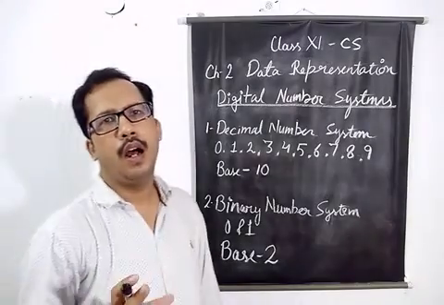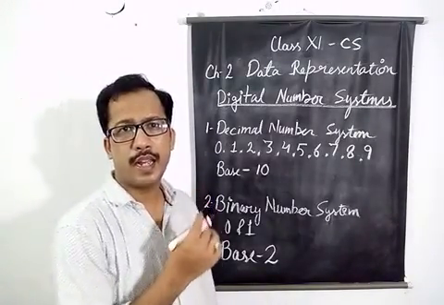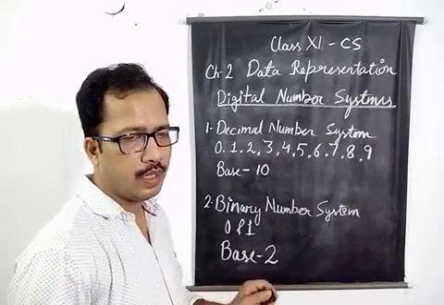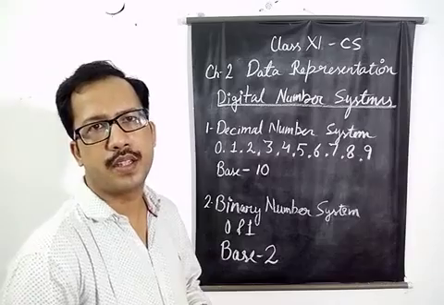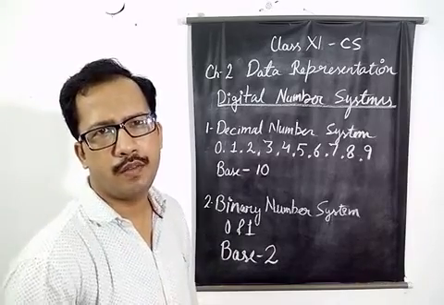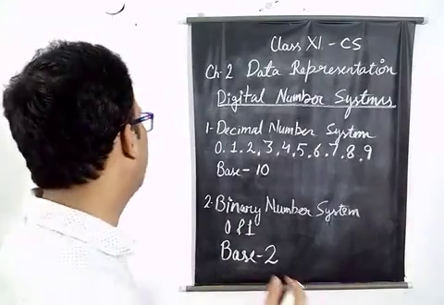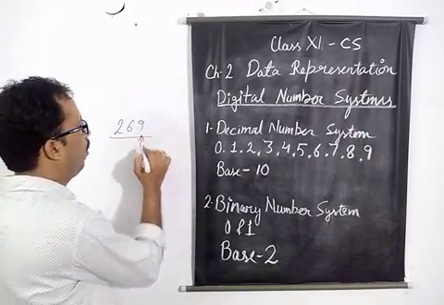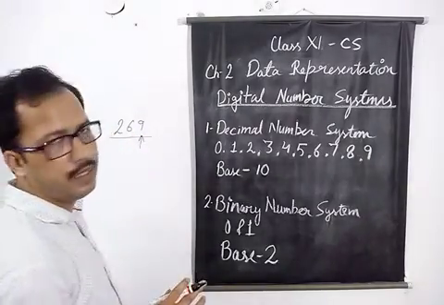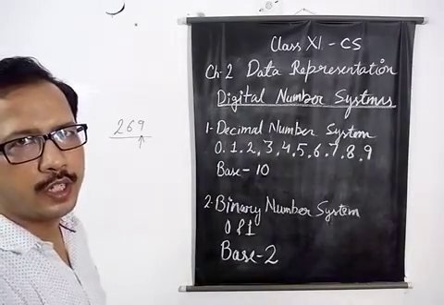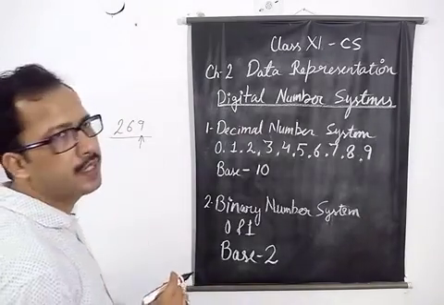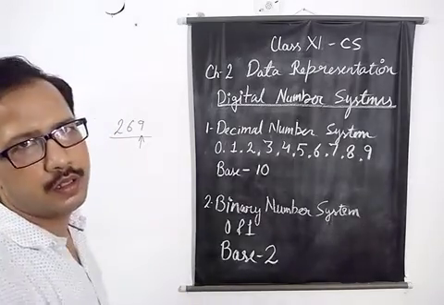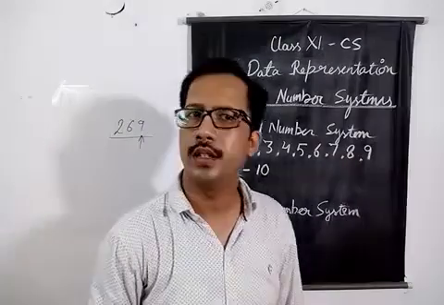But how can that number be explained in base 10? What do you mean by base 10? Base 10 works like this. We already know that 9 is representing the unit digit, 6 is representing the tens digit, and 2 is representing the hundreds digit.